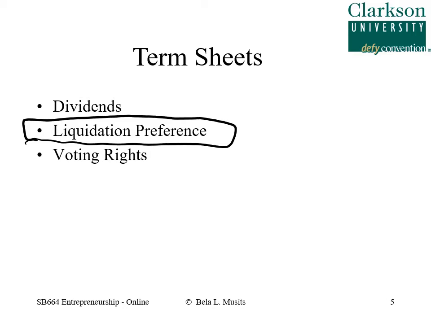Most of the votes and decisions happen at the board level. So this says that they get to elect 2 members of the board. I think later on in the document it defines how many board members there are, and I think it's 5. And the Series A folks get to elect or select 2 of those people.